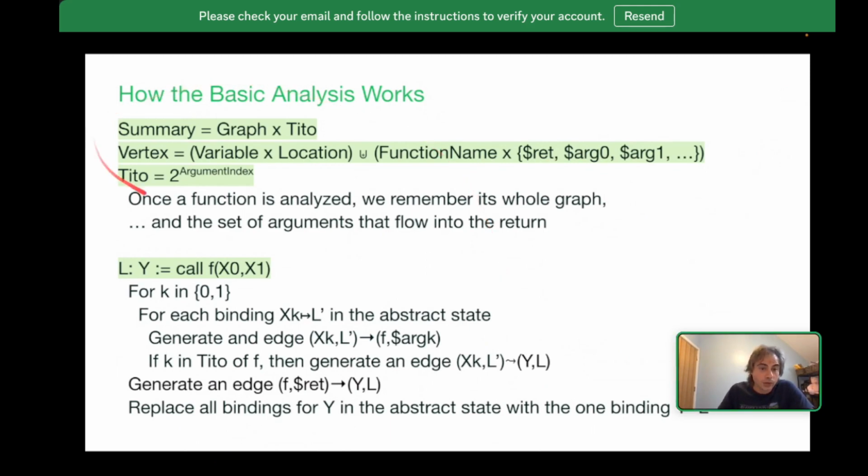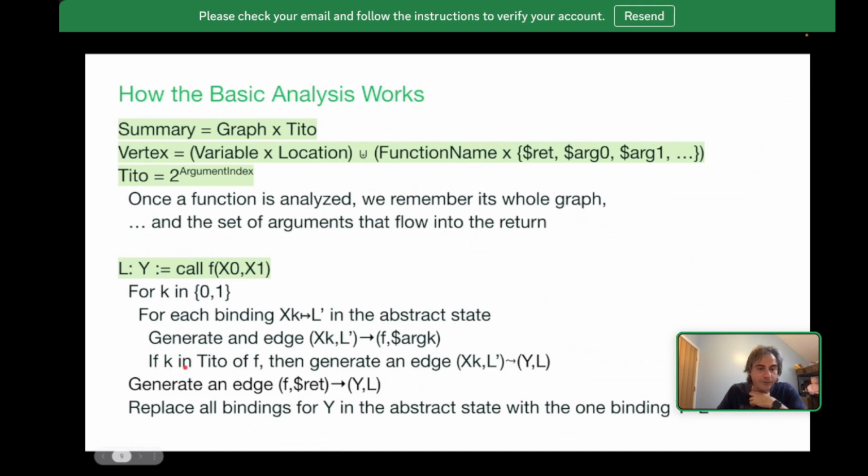We need to know what the summary is if we want to see how a call is executed, what's the transfer function for a call. And what we do for that is this. For each of the arguments, we look at all the bindings. We produce edges that record that you copy the value from that variable to the argument.